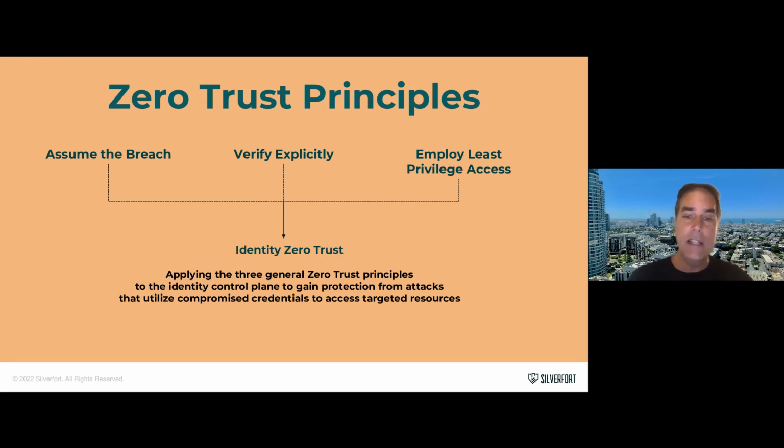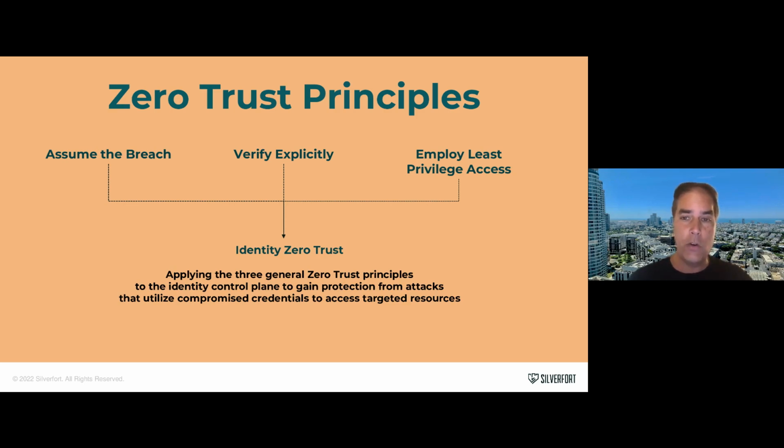Just because the access request is coming from within the network doesn't mean it should automatically be trusted. It should be verified, and I like to call this principle the guilty until innocent approach, right? And that leads into principle number three, which is always employ least privileged access, right?